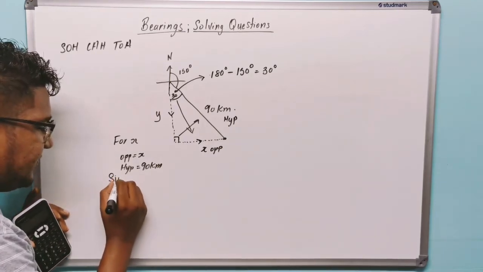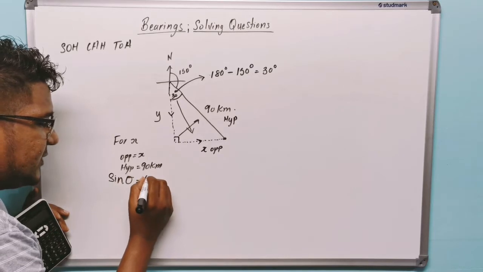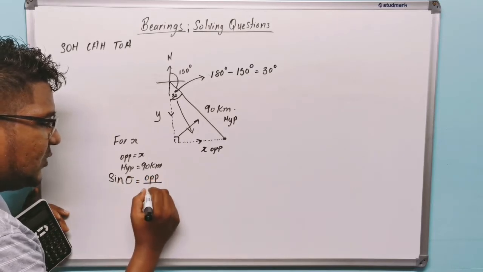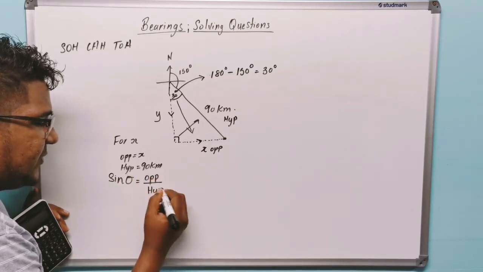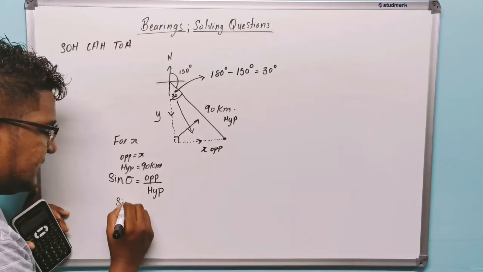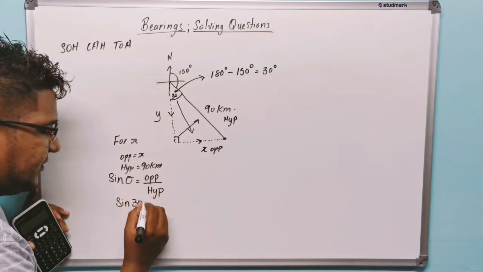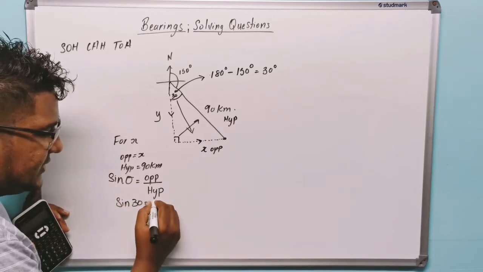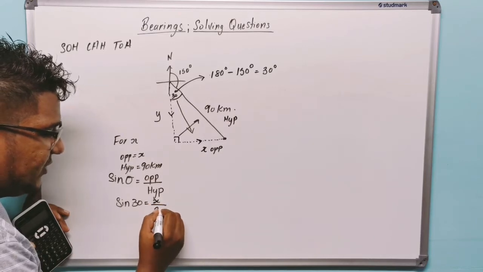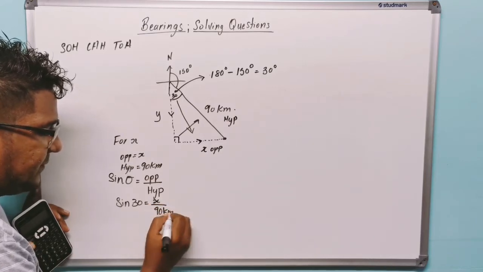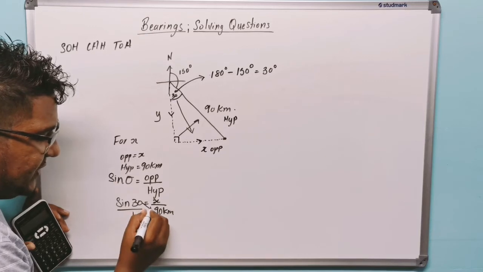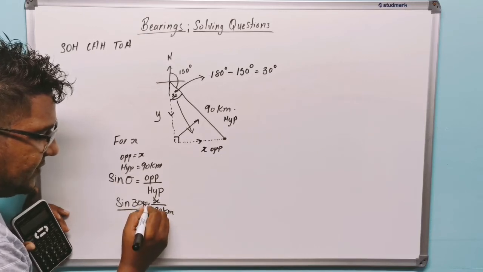So sine theta is equals to opposite over hypotenuse. Sine 30 is equals to the opposite side, which is x, over the hypotenuse, which is 90 km. Put this over 1 and then we cross multiply.